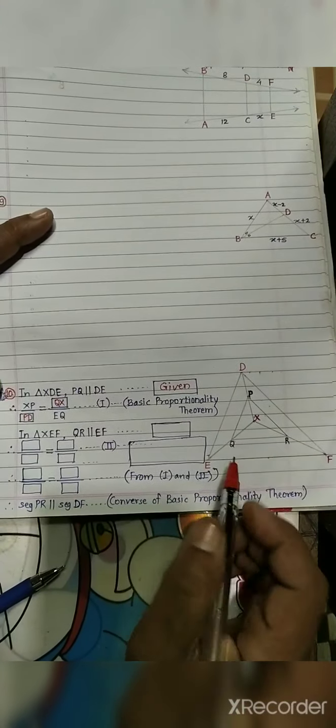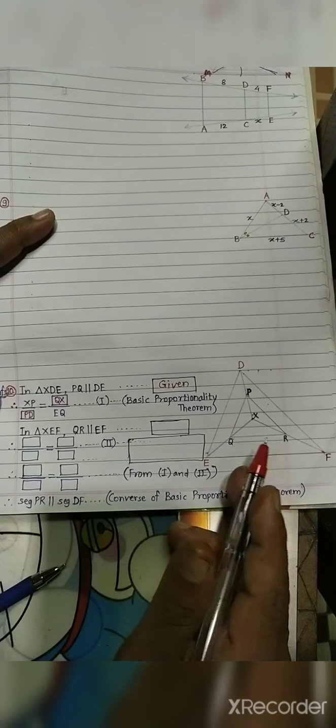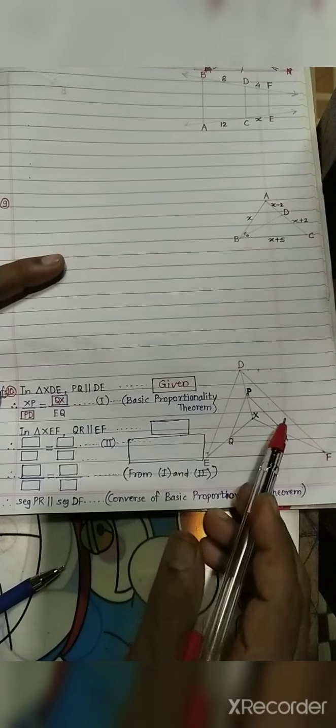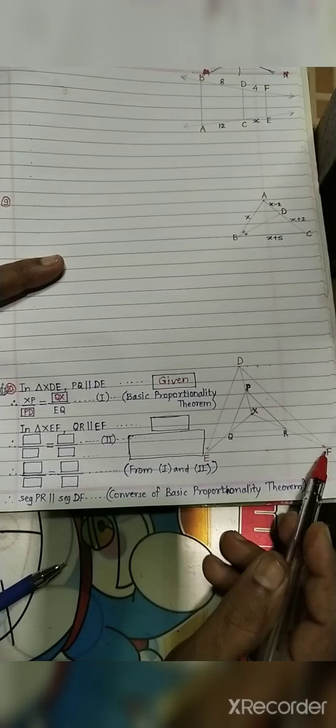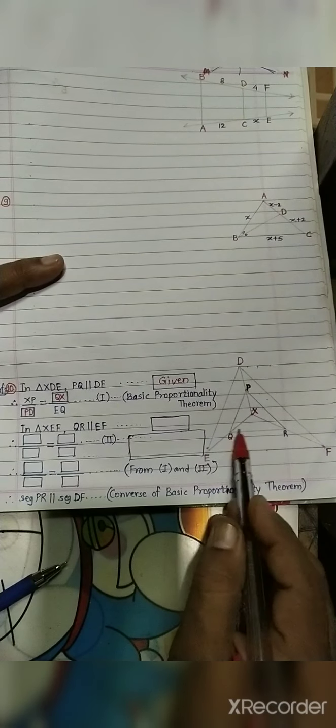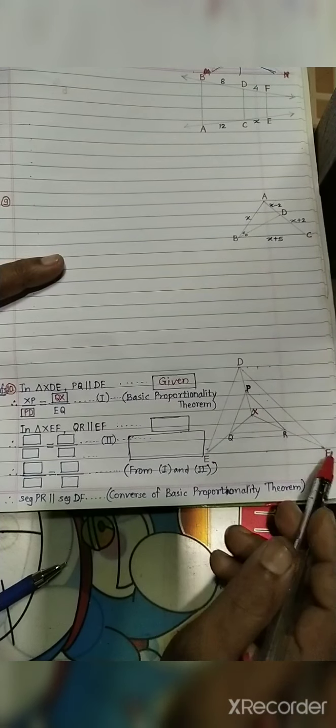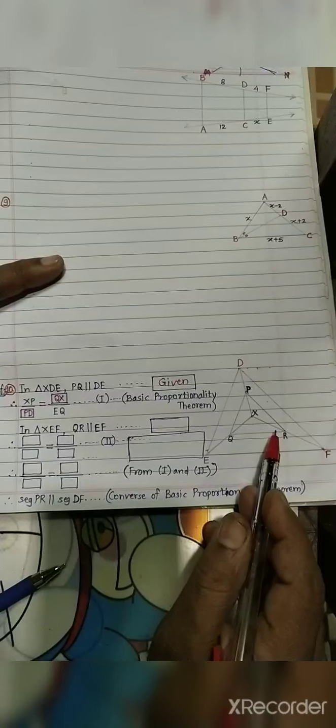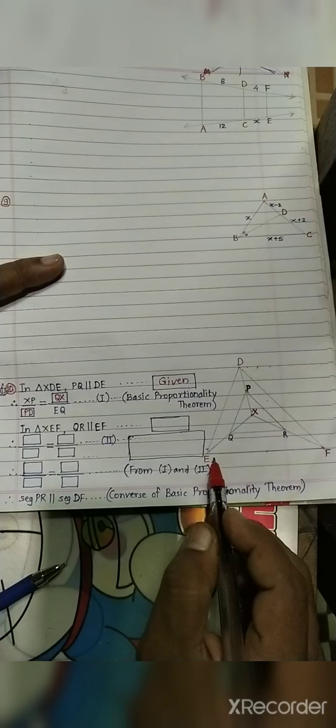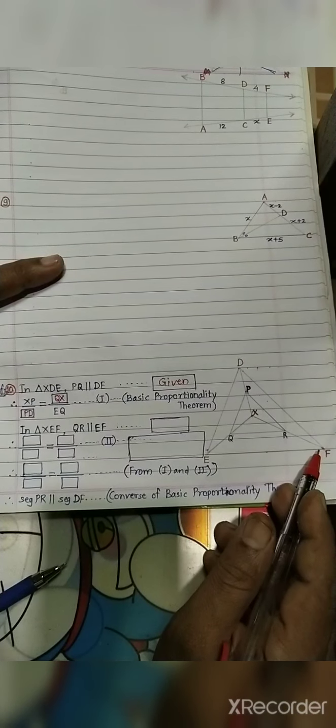Okay. Now we have to use basic proportionality theorem in triangle XEF. Can you see the triangle XEF? In this triangle, seg QR is parallel to seg EF.